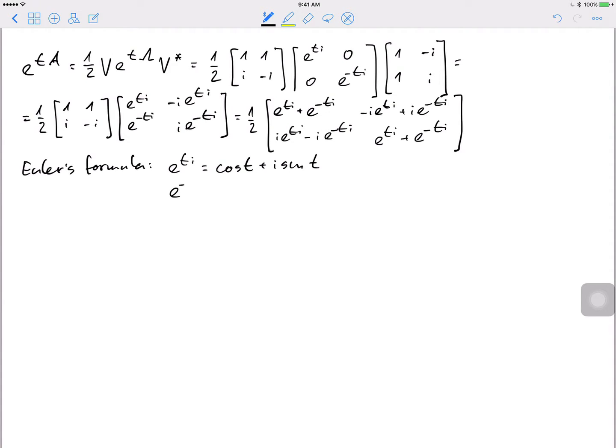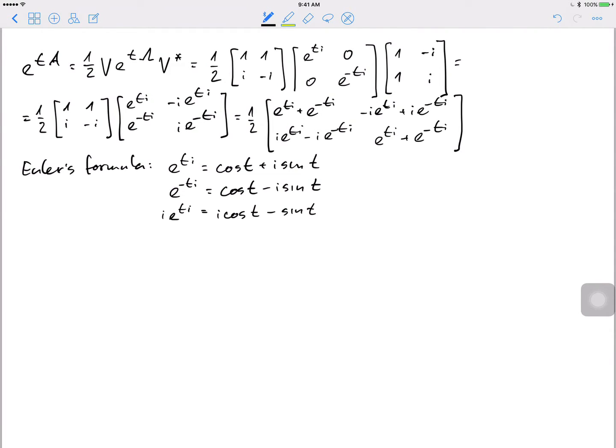So if I apply Euler's formula to e^{-ti}, well then of course, cosine of minus t is cosine of t, right? Sine of minus t is minus sine of t. If I multiply it by i, then I get just the thing multiplied by i. So i cosine of t, and now this is minus sine of t, right?